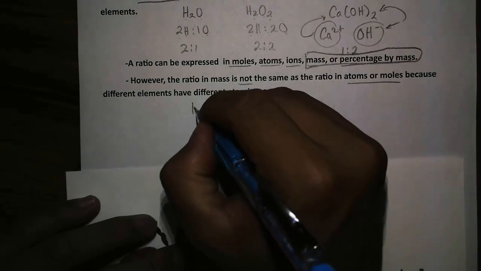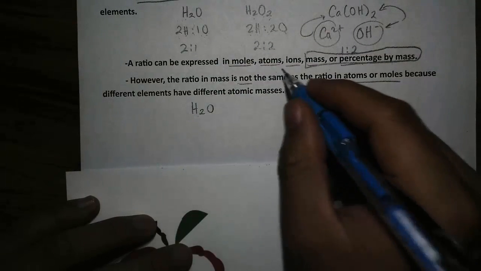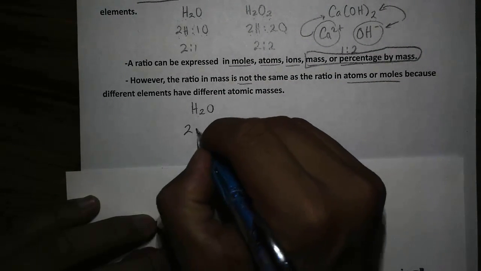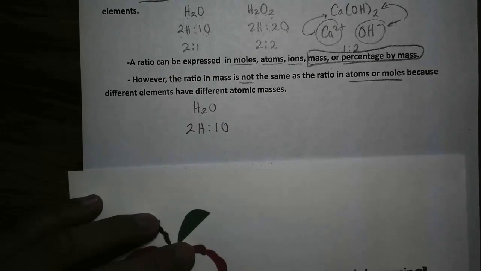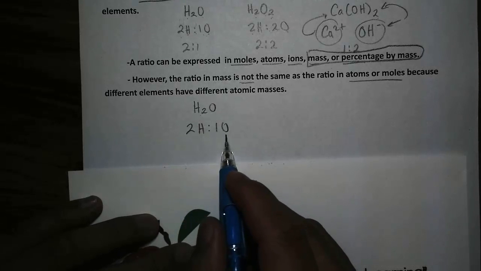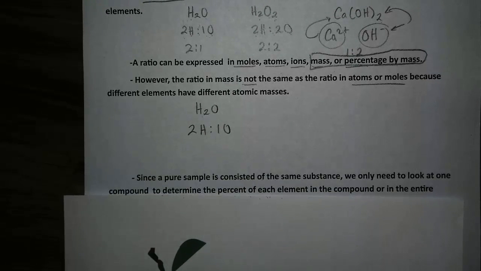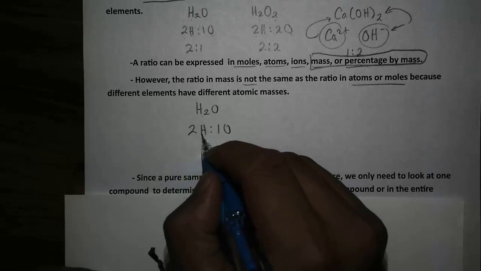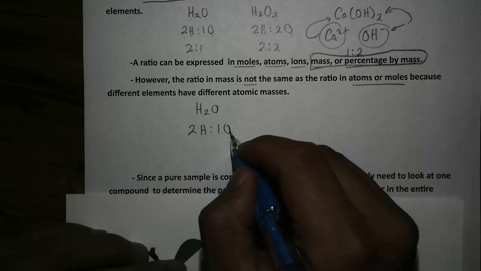We have something as simple as H2O. If we look at it in terms of moles or atoms, we would have 2 atoms of hydrogen to 1 atom of oxygen, or 2 moles of hydrogen to 1 mole of oxygen. But if we look in terms of mass and use our periodic table, the mass for hydrogen is 1.01 and the mass for oxygen is 16.0.